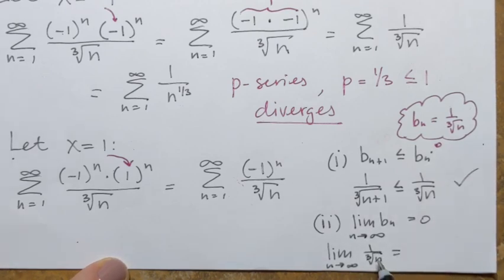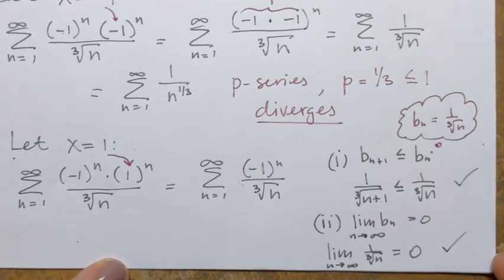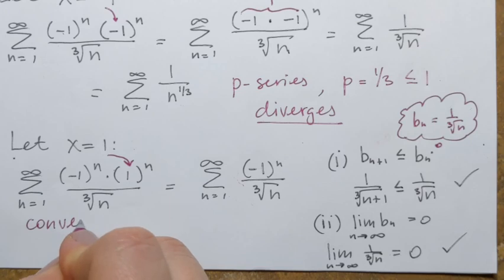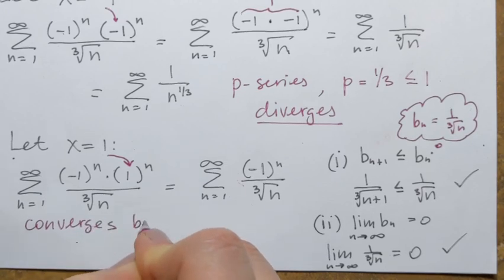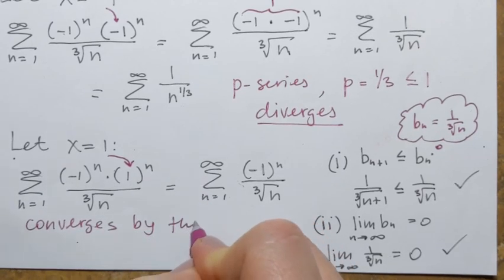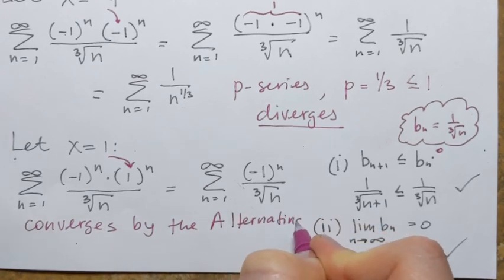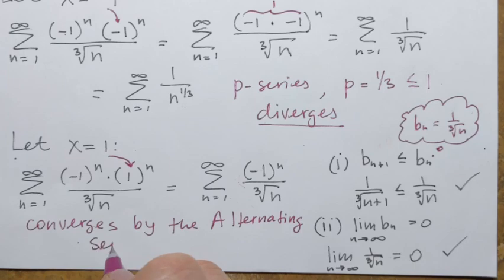As n is getting infinitely large, this fraction approaches 0, so the limit equals 0. The second condition is also satisfied. So we're going to say that the series converges by the alternating series test.